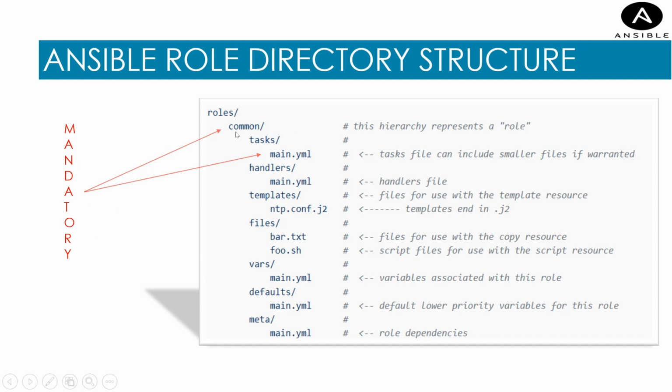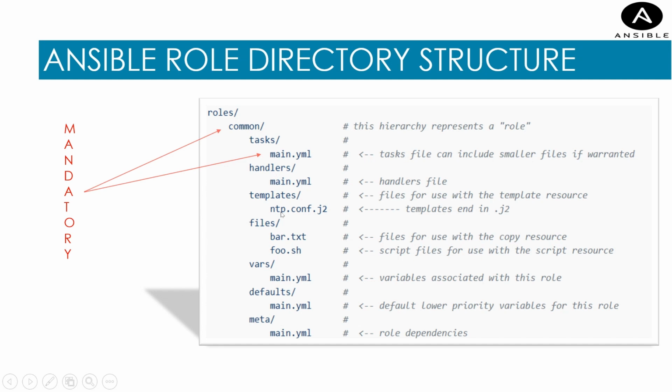So let's talk about a common one. I just created the name of the role as common, which is mandatory, and under tasks there is a main file, main.yml. So name of the role, tasks and main.yml are mandatory if you are going to create a custom one. Handlers, templates, files, vars, defaults and meta are optional.